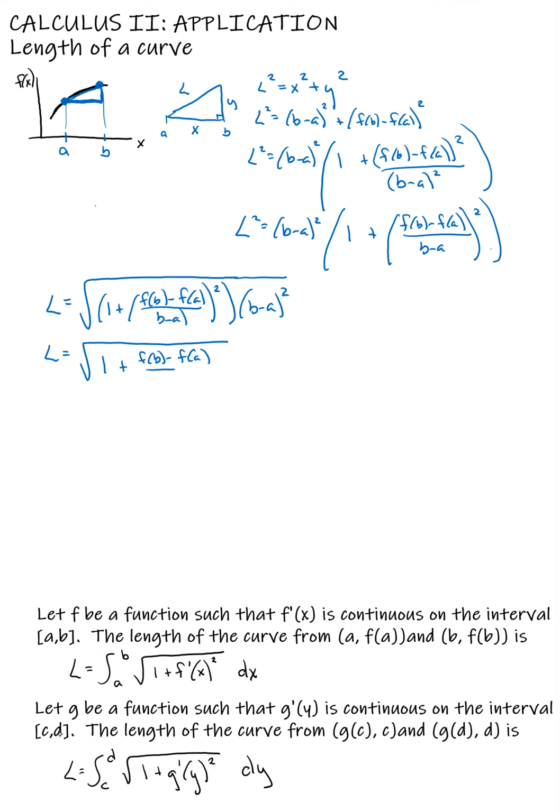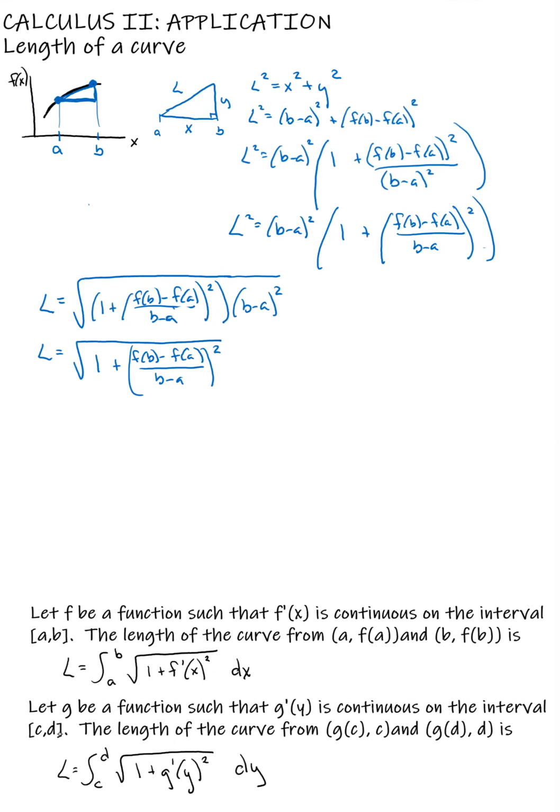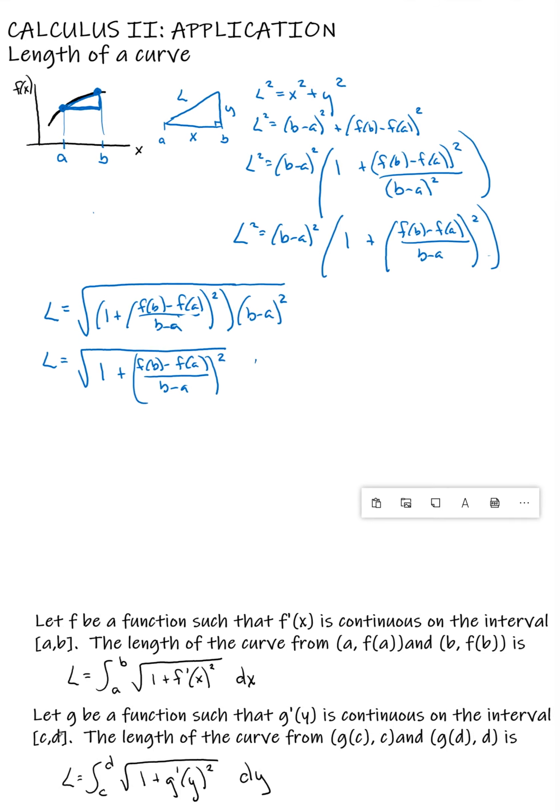But because it's a sum of these two terms, I cannot take the square root of a sum. But this term here in the back, since it's just being multiplied to everything, I can take that one out. Okay, now it's looking like something we might have seen in Calculus 1.